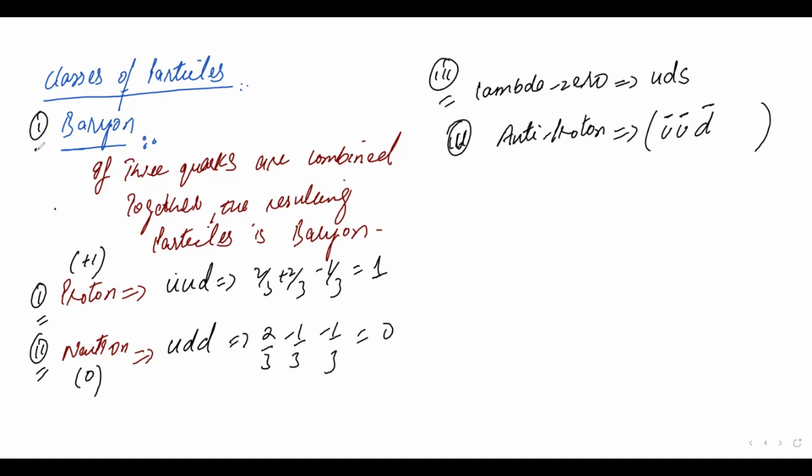Now, the second class of particle that we're going to talk about is the mesons, right? We've got the mesons as well. So whenever you're going to talk about the mesons, remember that mesons are composed of a quark and an anti-quark, okay? Whenever a quark and an anti-quark combine together, the resulting particle is a meson, right?